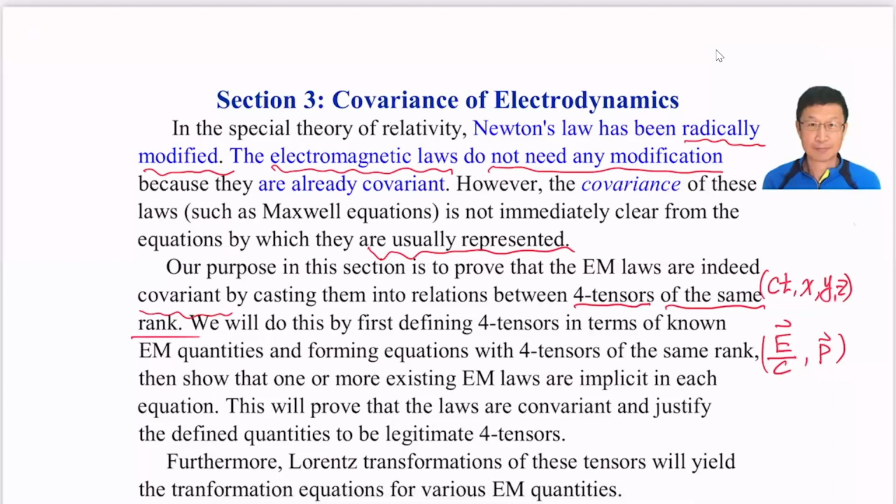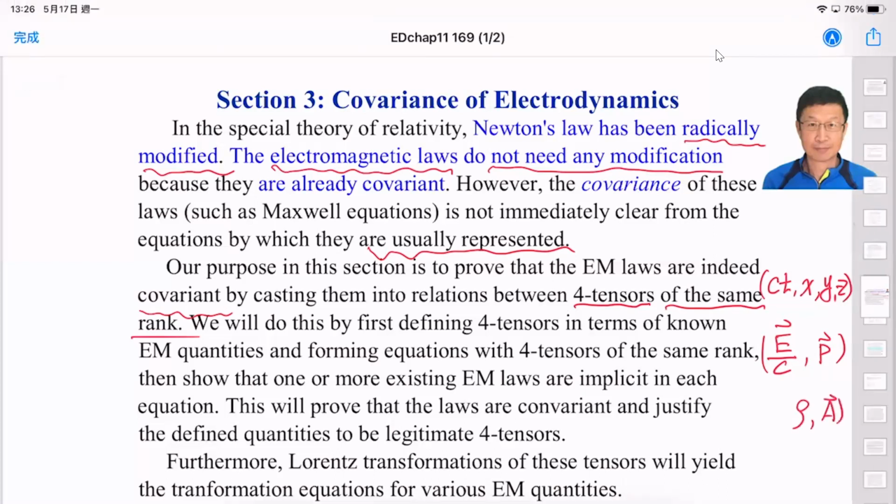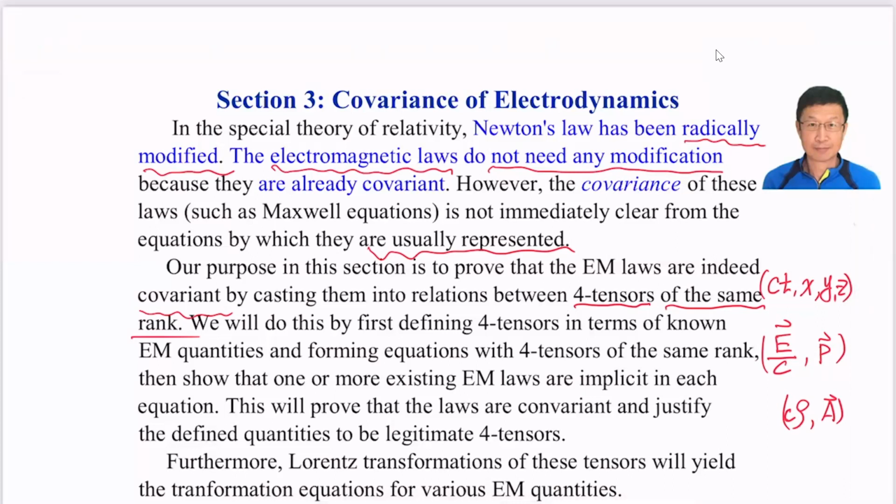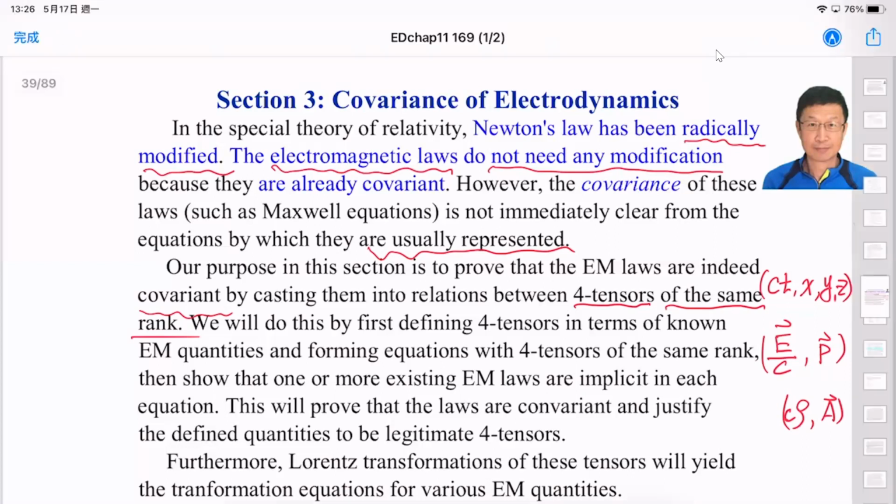We will first define 4-tensors in terms of known EM quantities, such as rho and J, and phi and A. Another 4-tensor is to be determined, and of course we will determine the Lorentz force.